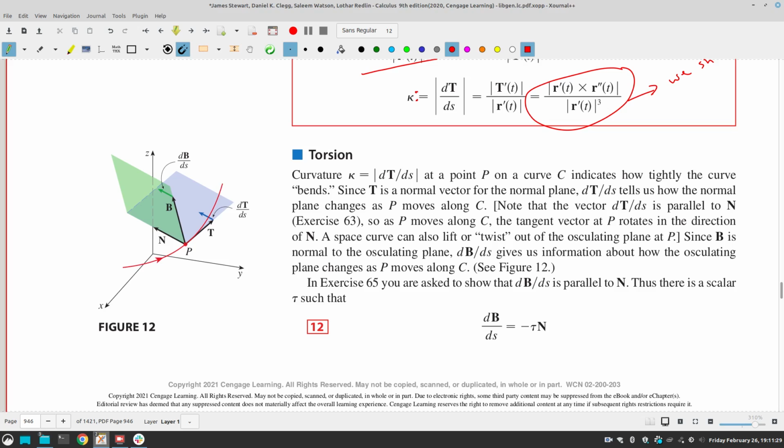We call this lift twisting, or torsion. And since B is normal to the osculating plane, dB over ds tells you how that osculating plane changes.